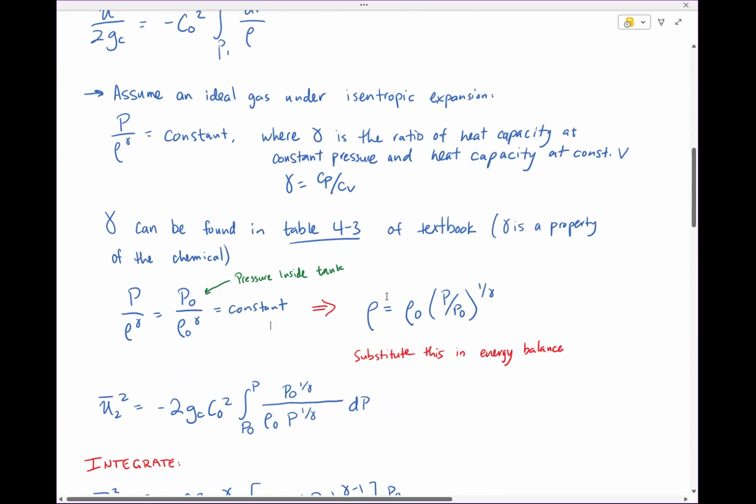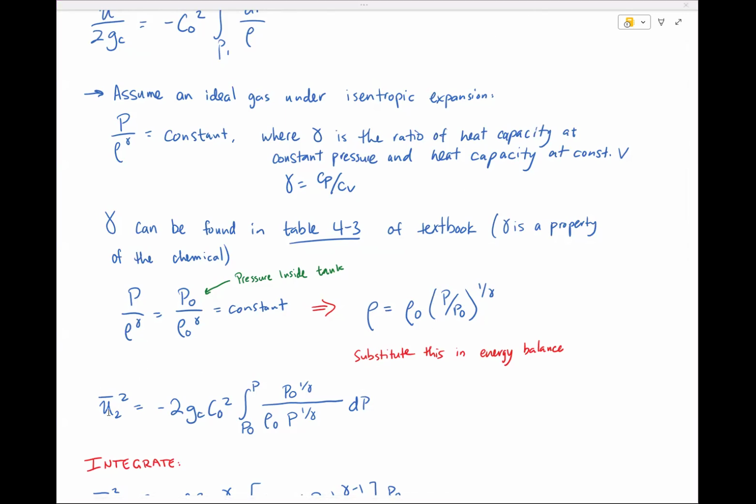And therefore I can rearrange this by solving for density. Density is equal to some reference density at P0 times P over P naught to the 1 over gamma power. And this is what we'll substitute into the energy balance.